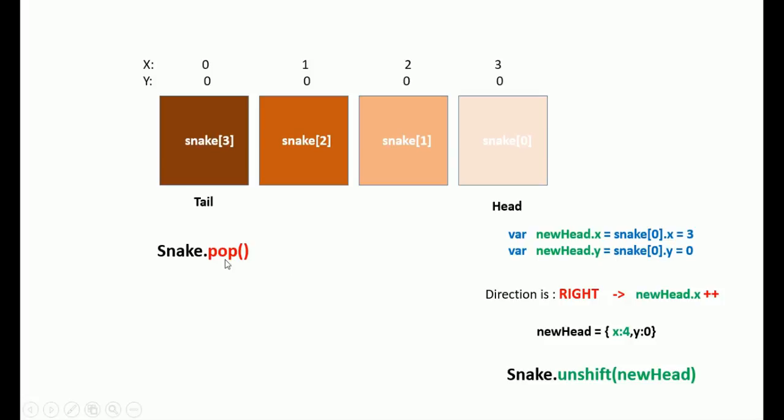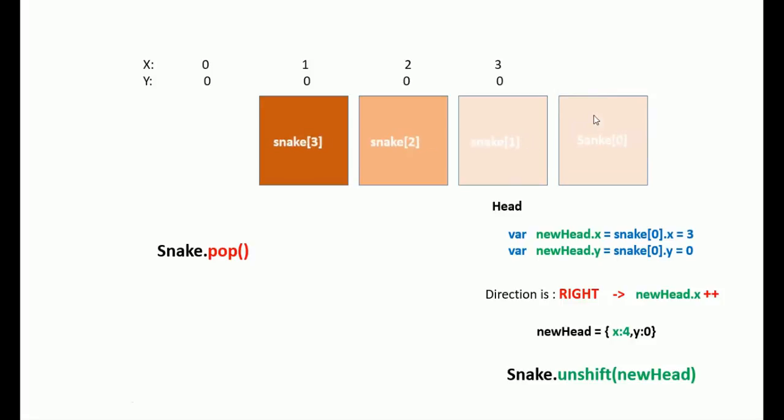The pop function will remove the tail, and snake.unshift(newhead) will add a new head that has 4 for the X position and 0 for the Y position. Now this is our new tail and this is our new head. Again, to move the snake, we remove the tail and add a new head, and so on. Now let's go and write our code.